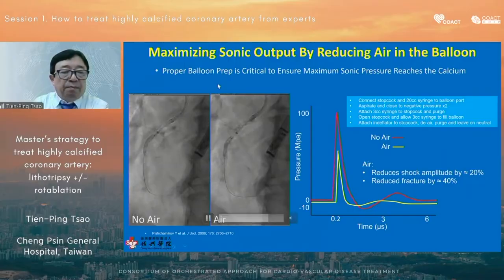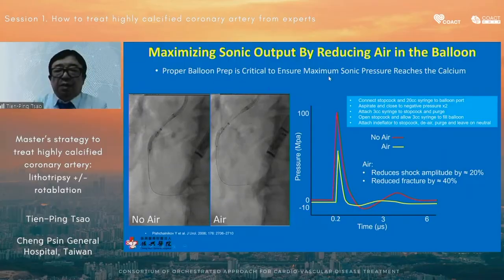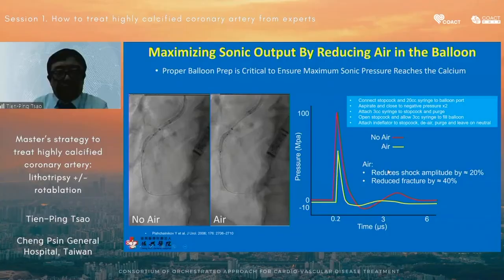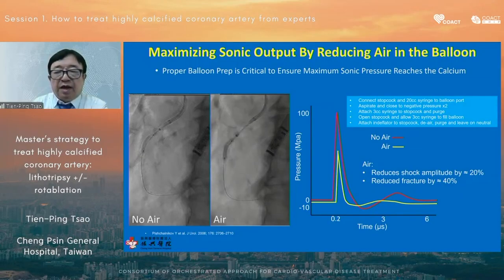Therefore, proper balloon prep is critical to ensure maximum sonic pressure reaches the calcium. For example, in this figure, the yellow curve represents the air in the balloon, like the angiograph here, and it reduces the sonic amplitude by 20% and also reduces the fractures by 40%. So the air prep is very important for IVL.